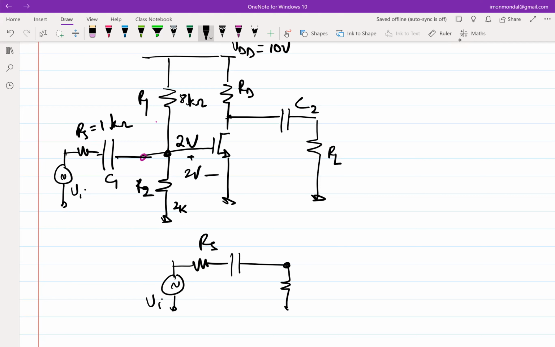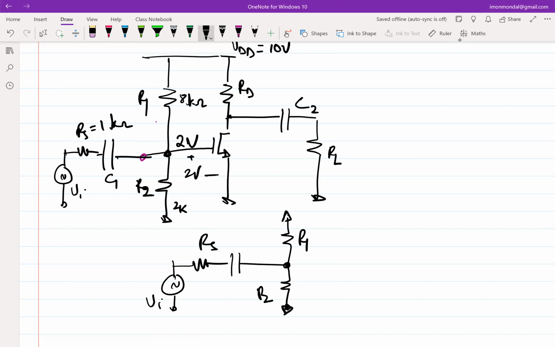I have R2 to ground. What happens to R1? I am replacing the entire stuff with its incremental equivalent. So essentially this goes here. If I have to draw accordingly, sorry, this is R1.